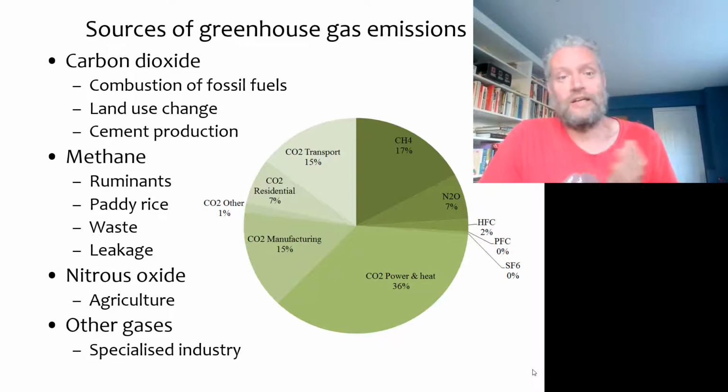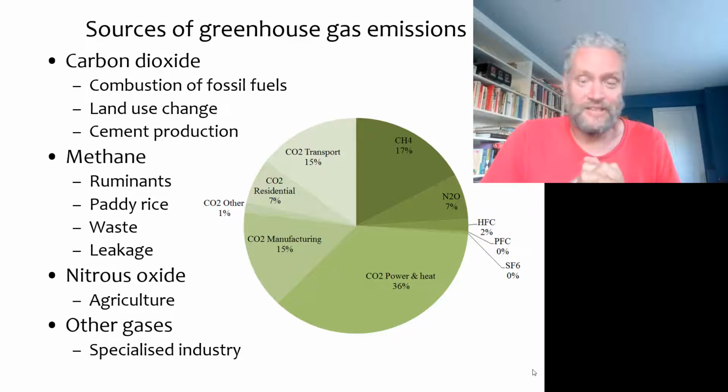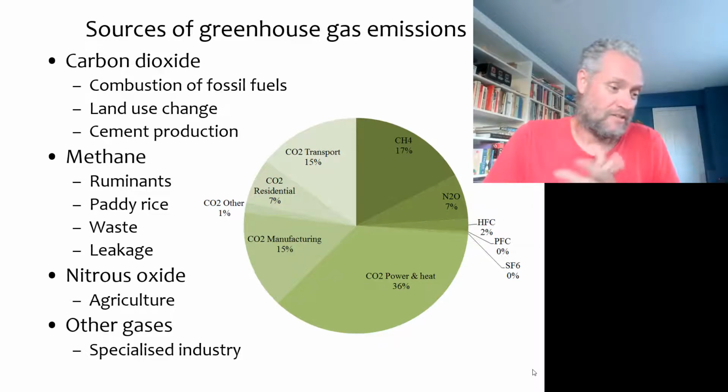Another source of carbon dioxide, roughly 20%, is land use change. So how does this work? Essentially what we've been doing for a long while now is replace forest with grassland and grassland with cropland.